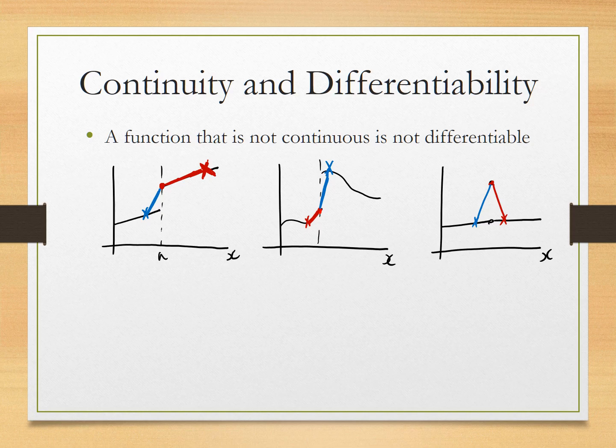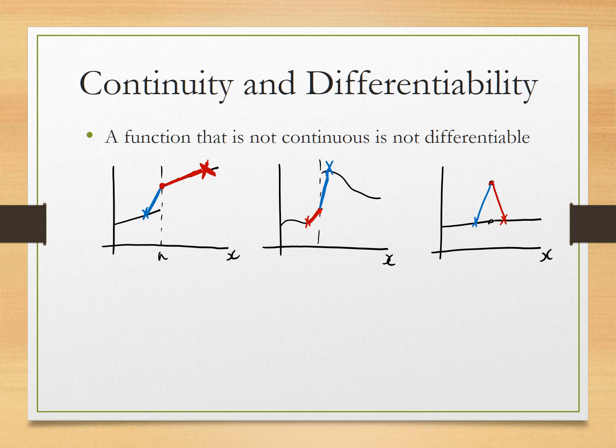One thing to note is that this relationship between continuity and differentiability goes only one way. A non-continuous function is non-differentiable. That's always true. But that does not mean that continuous functions are necessarily differentiable. That's not true.